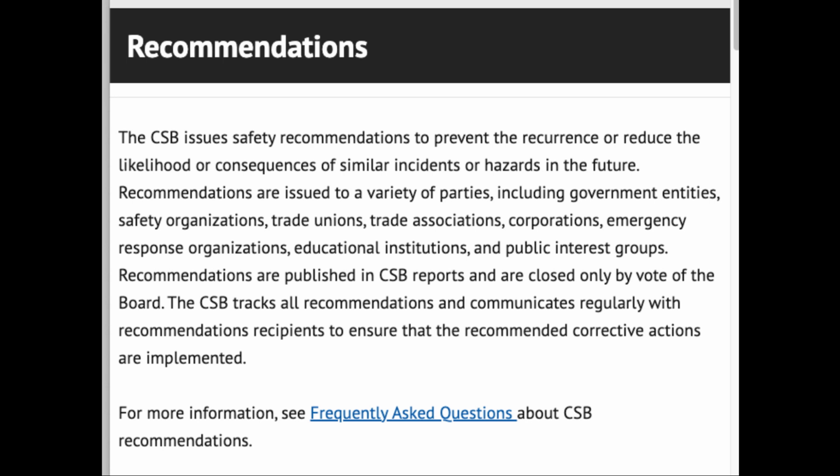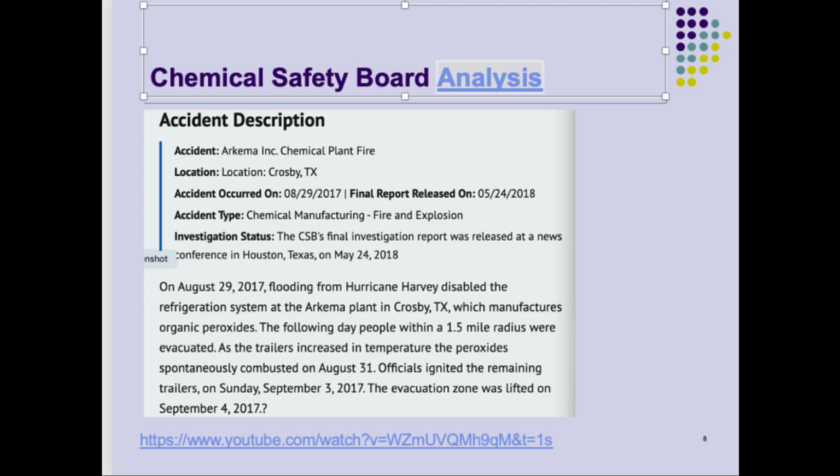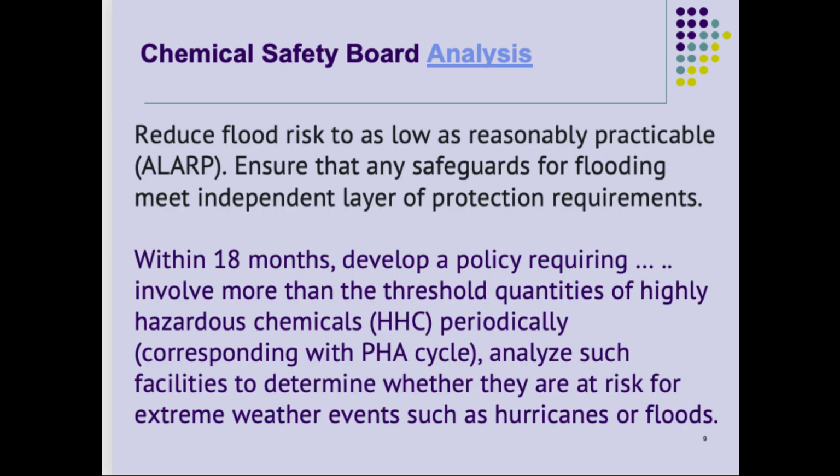One of the recommendations from the Chemical Safety Board was to bring together those different entities that we saw on the previous slide: government entities, corporations, emergency response organizations, as well as educational institutions, to take a closer look at the emergency response plans and different ways in which they can be changed so that you can mitigate those emergency response plans.